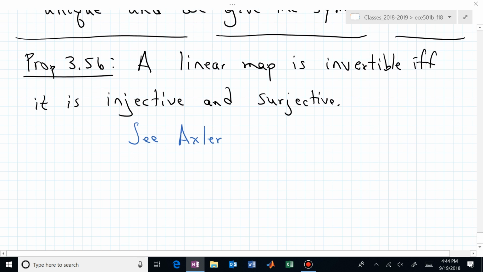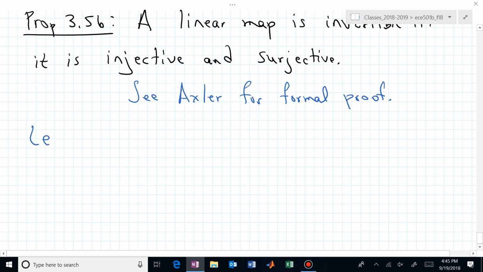I'll let you go to the book to see the formal proof, but we'll talk about this conceptually as far as why this is the case. So see Axler for a formal proof. But now let's examine this from a more intuitive direction. Let's examine Proposition 3.56 intuitively.